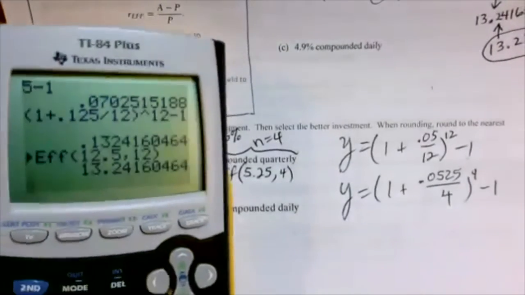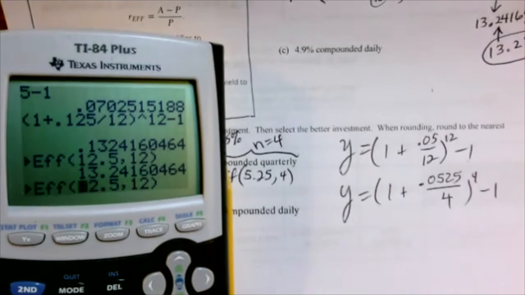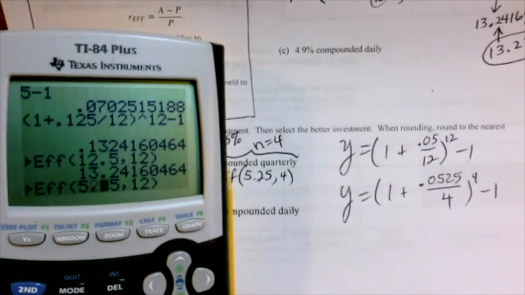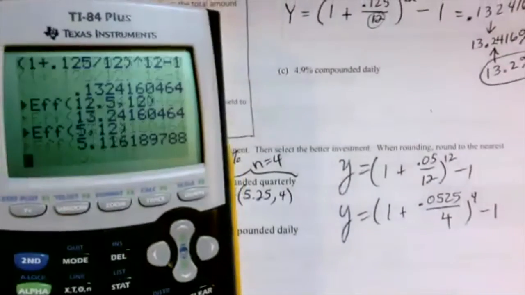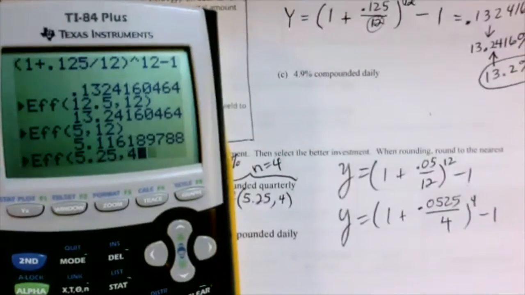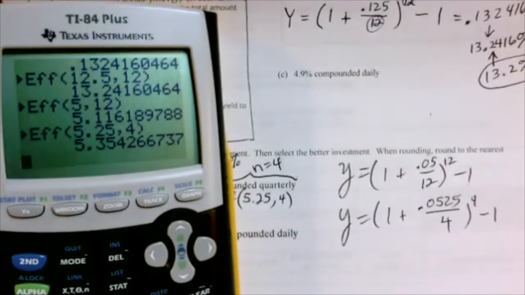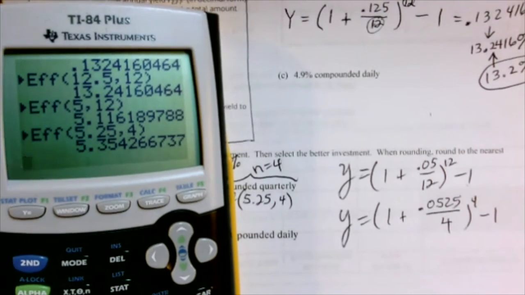If you get good at this, then I just recalled the things that I typed before. So 5 and 12. And the other one is 5.25 and 4. And there they are, both on the screen pretty quickly. The calculator takes no time at all.